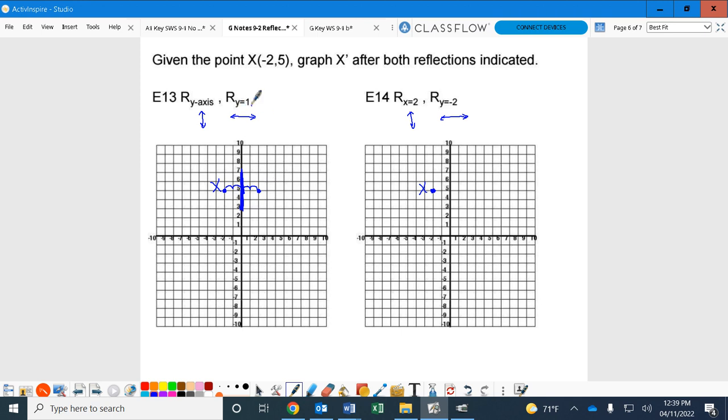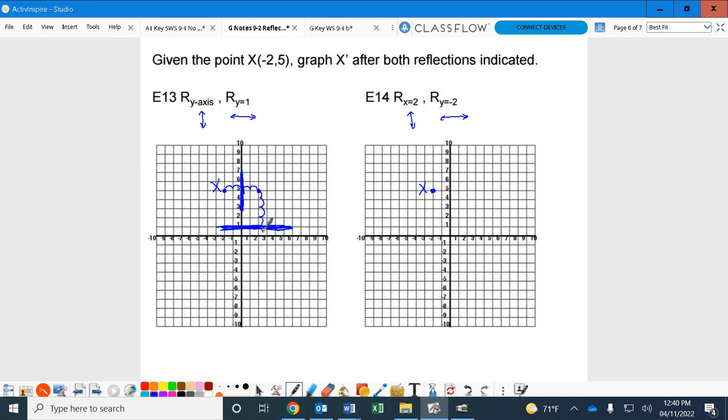Then we're going to reflect across y equals 1. Here is a horizontal line at a positive 1. And I want to reflect across this line. How far away from this line is this point? How many, guys? 4. 1, 2, 3, 4.